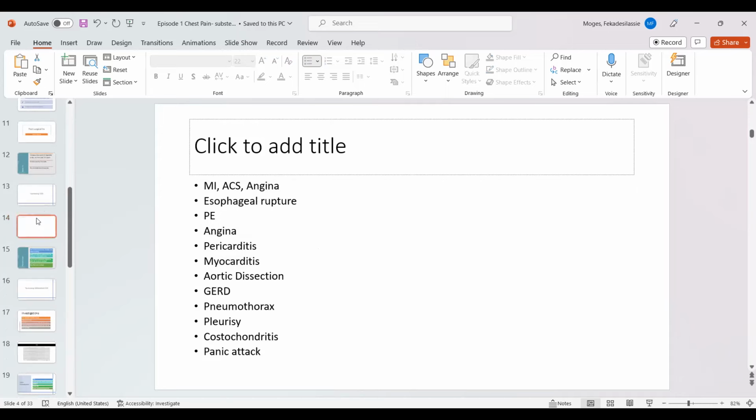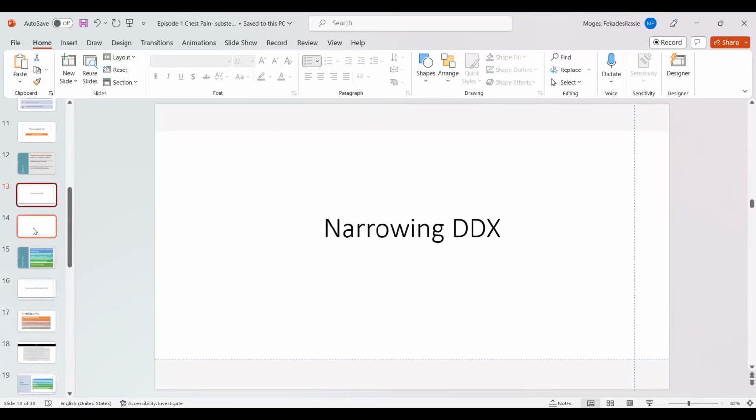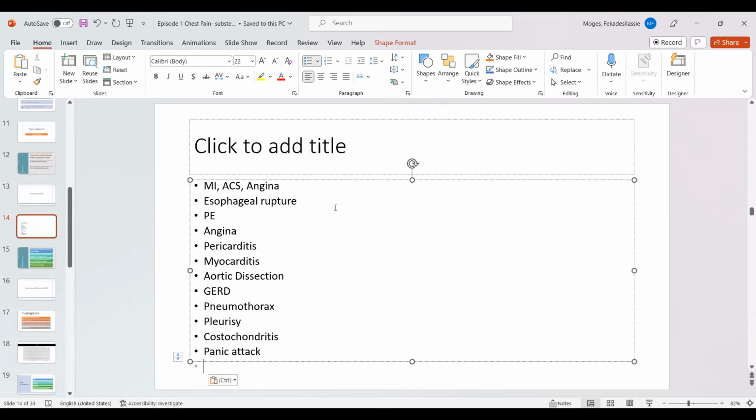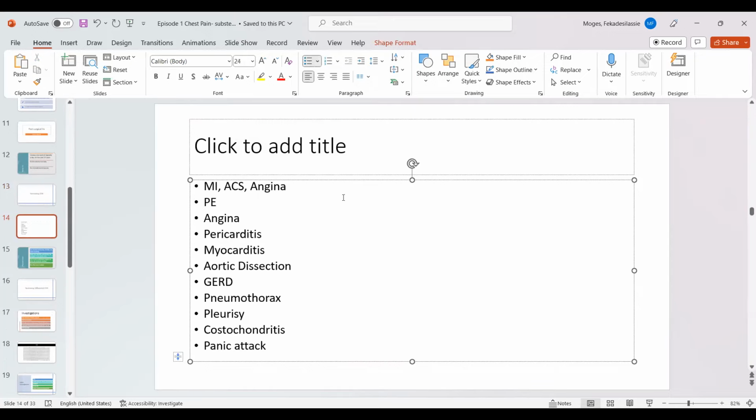So narrowing differential diagnosis, I will paste it here. Then we will remove esophageal rupture because we talked about it. The patient didn't have any spontaneous, recurrent, very aggressive vomiting, so less likely to have esophageal rupture. What about PE?